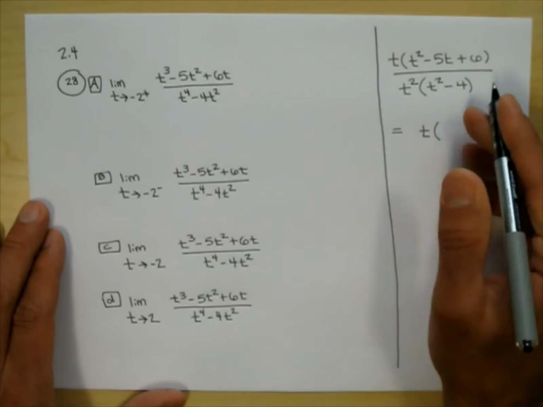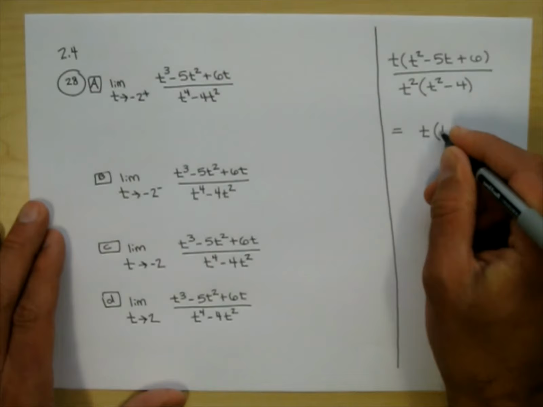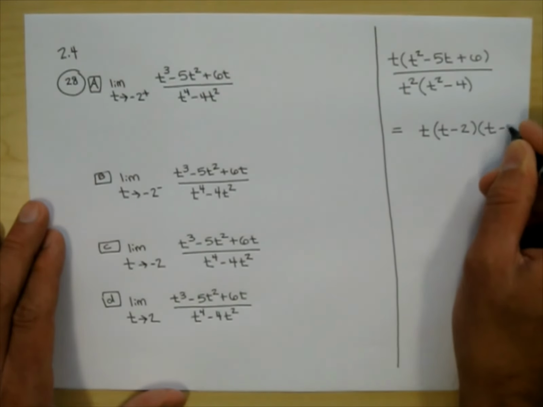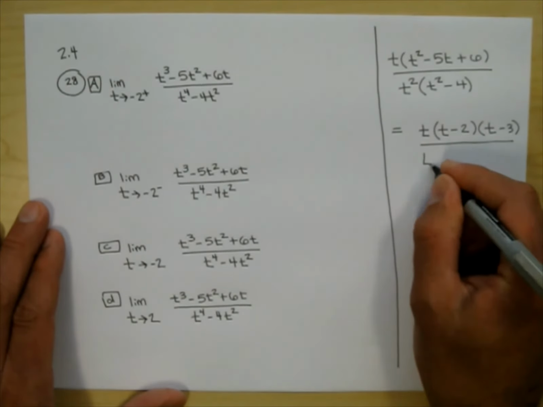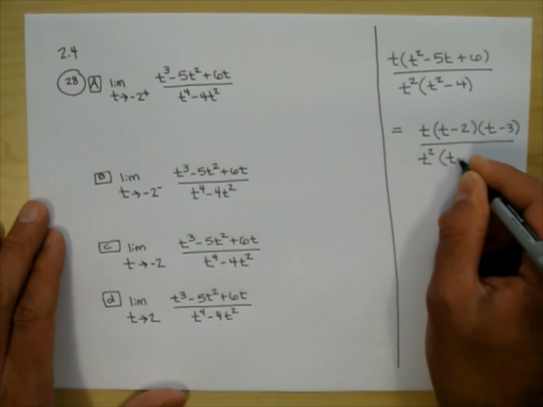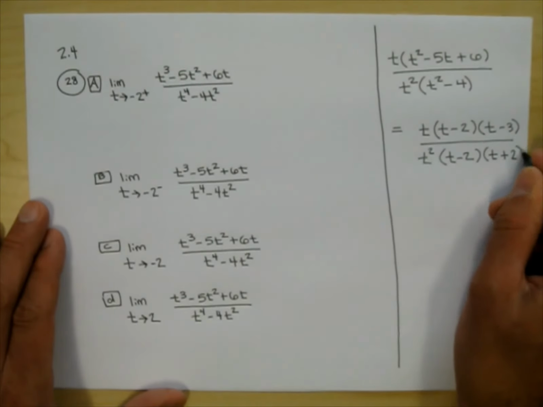Okay, let's keep factoring. So on the top, I have factors of 6 that add up to 5 would be 3 and 2. So t minus 2, t minus 3. Meanwhile, on the bottom, I have a difference of squares. So this gives me t minus 2, t plus 2.